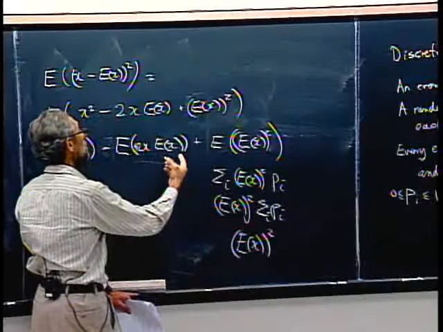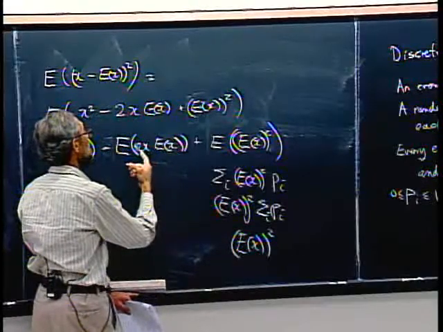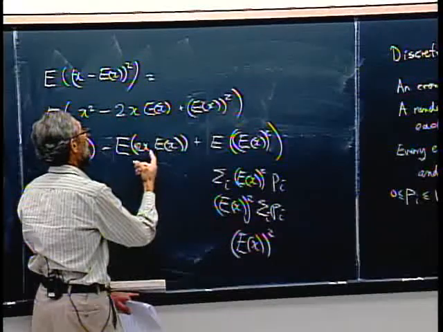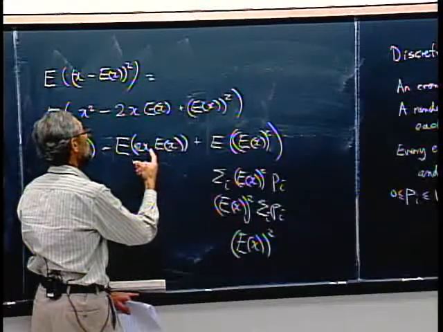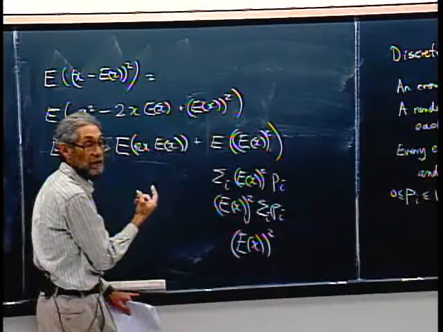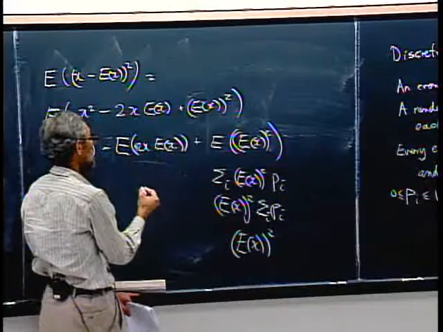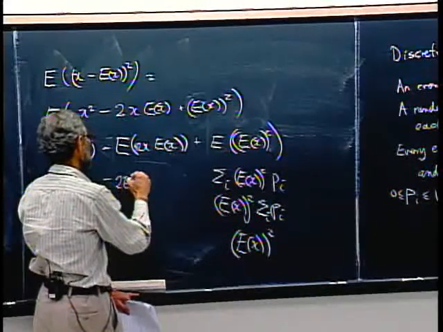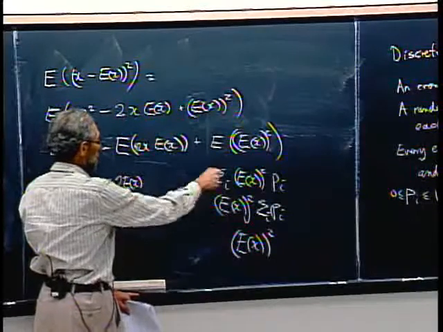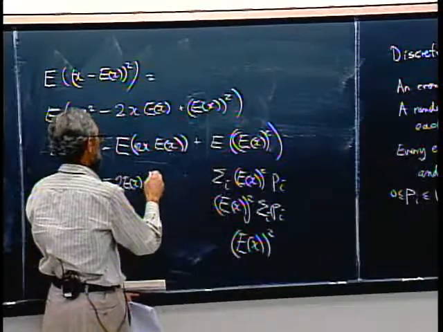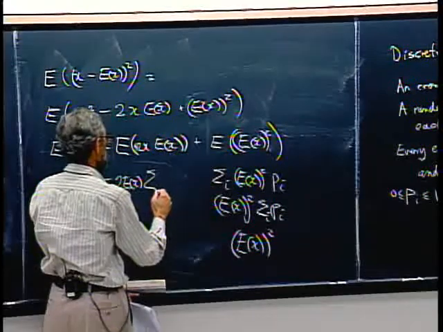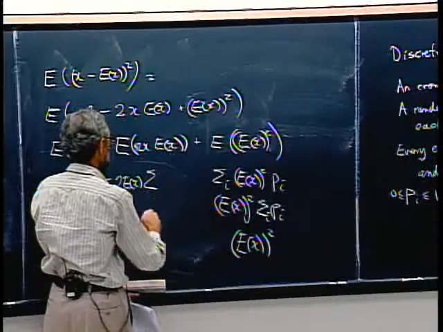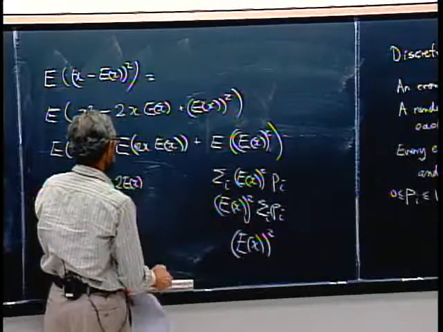The expectation of this, as far as the events in question, this is X, and the 2E[X] is the constant, the mean and the factor of 2. So I'm going to factor that 2E[X] out, just like I did over here using the distributive law. And then it's the sum. Well, then it's the expected value of X, right?